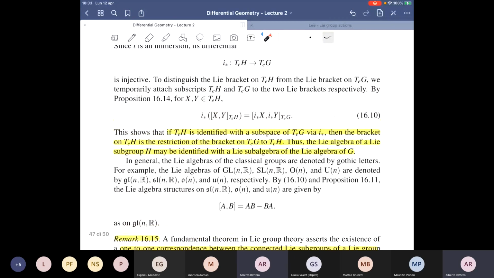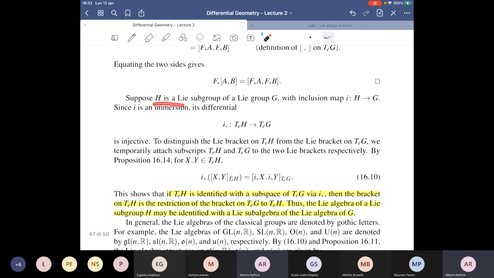And so in particular, let me move to this last part. So the idea here is that if you have a Lie subgroup of a Lie group with an inclusion map, remember that this is an injective immersion. In particular, the differential is defined.